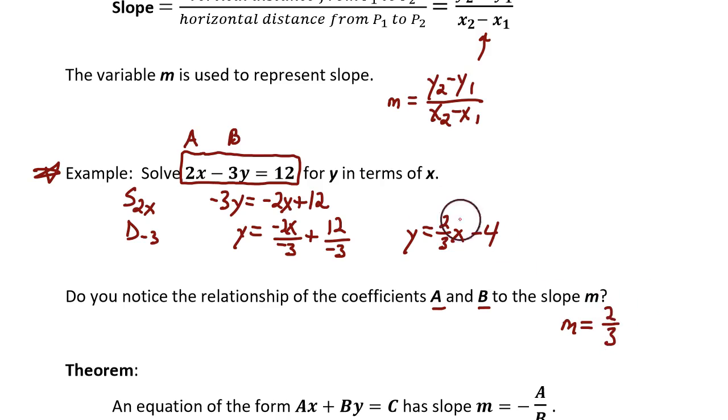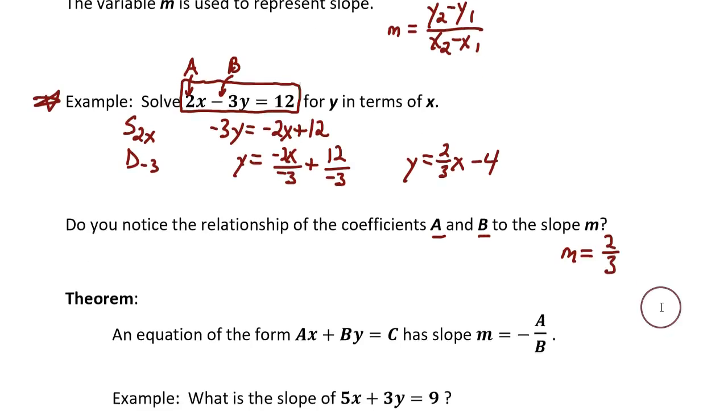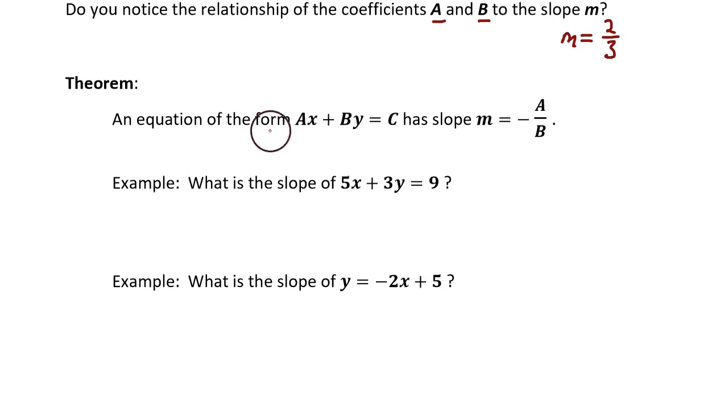Notice how the number 2 is the value of a, and the number 3 is the opposite of the value of b. So there is a relationship between the coefficients of x and y when an equation is in this format and the final slope value. Here's a theorem that shows that. When an equation has the form ax plus by equals c, then its slope is the opposite of a divided by b.